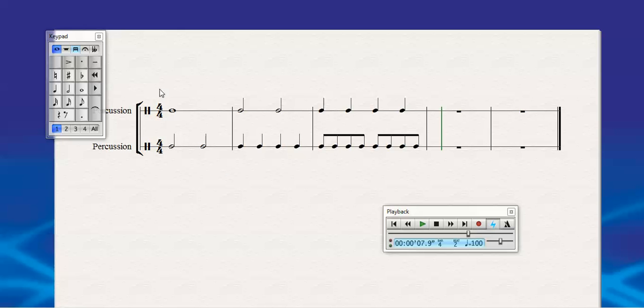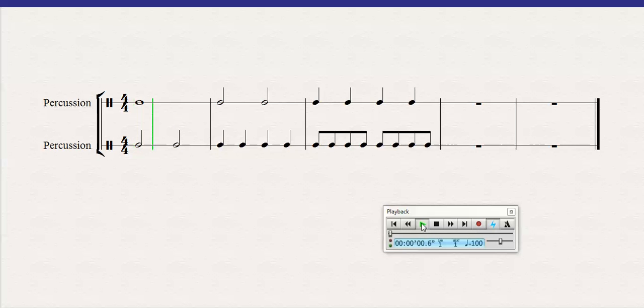So now if I play it and I'm counting along, you can hear how these divide in half each time. 1, 2, 3, 4. 1, 2, 3, 4. 1, 2, 3, 4.